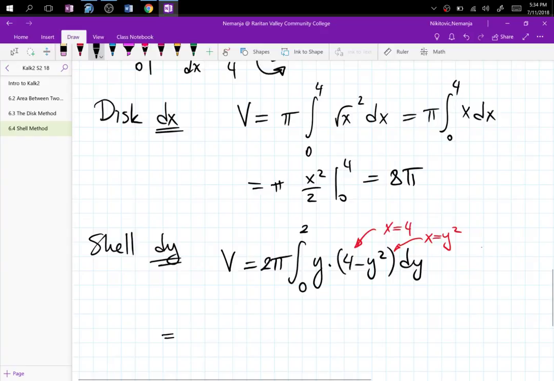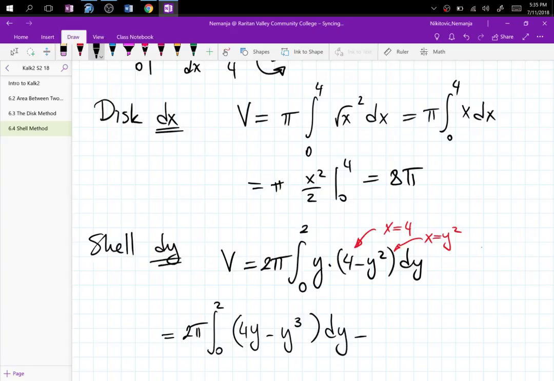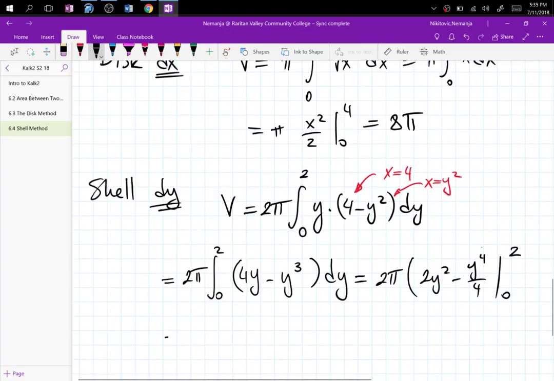So we start with a copy, 2 pi, integral 0 to 2. What I need to integrate is 4y minus y cubed dy. That is 2 pi times the integral, which gives 2y squared minus y to the 4 over 4 from 0 to 2.